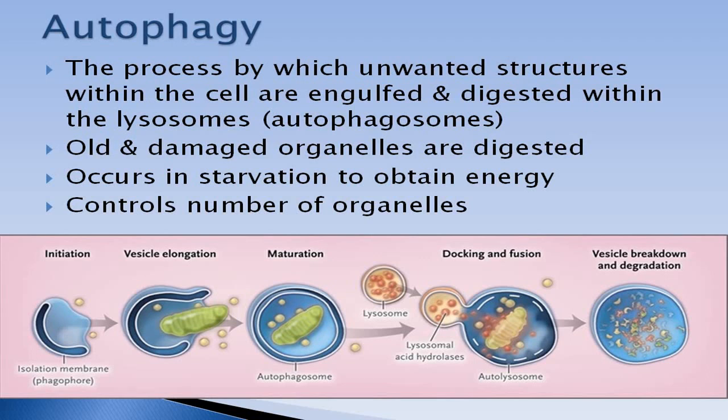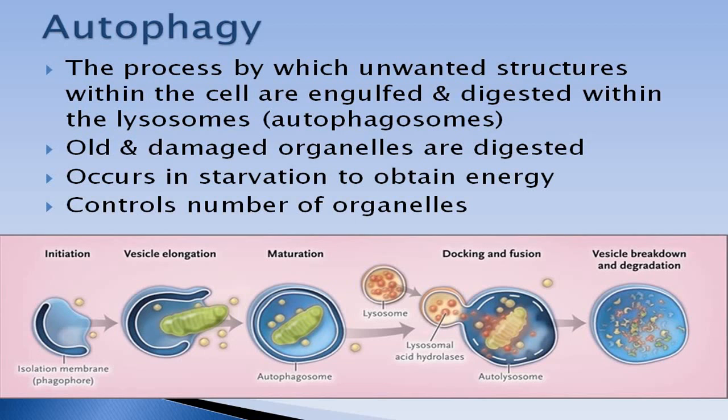And it also controls the number of organelles. For example, when we start heavy exercise, the number of mitochondria increases in the muscle cells. But when we stop exercising, these mitochondria, as they are extra and no more required by the cells, are destroyed by this autophagy.